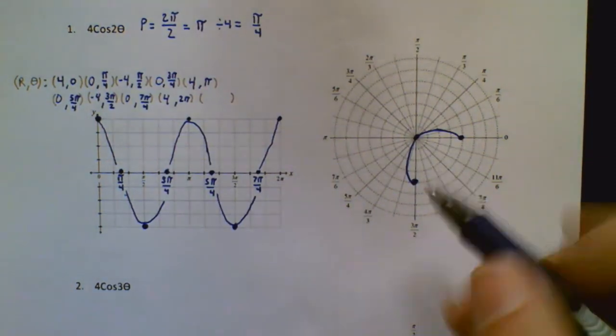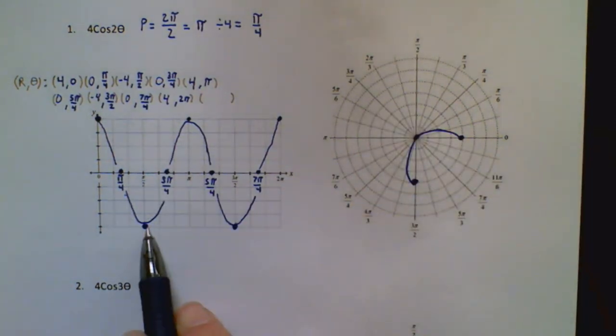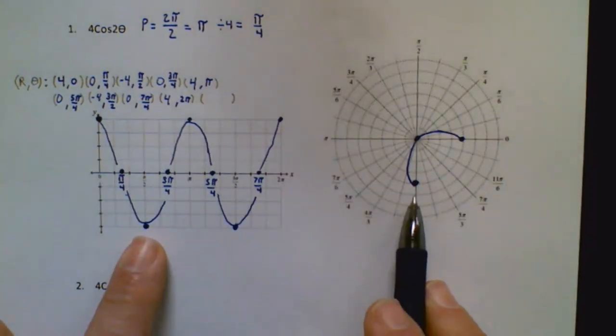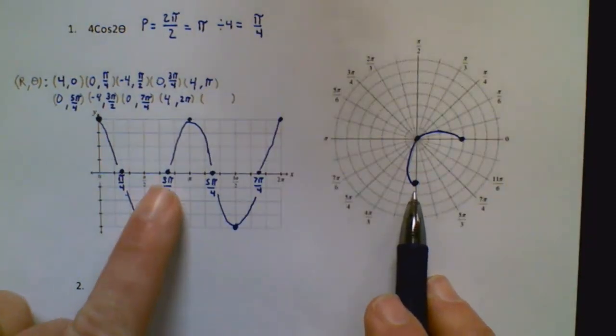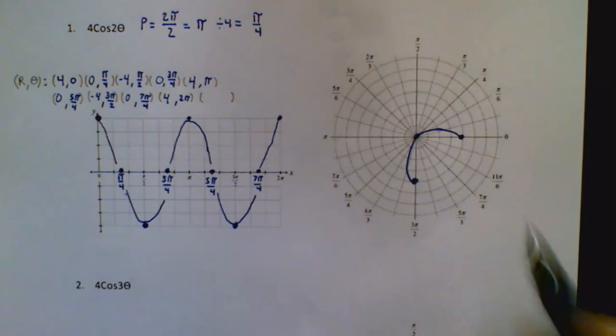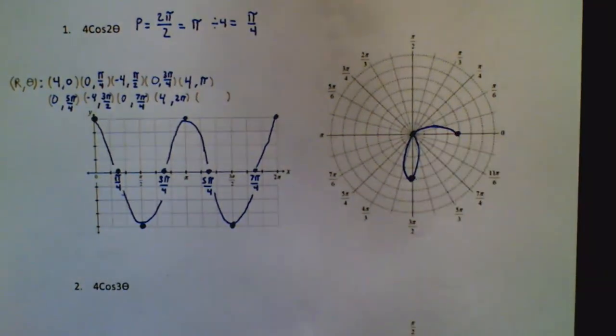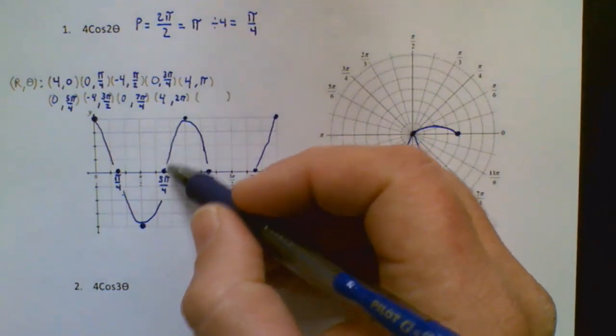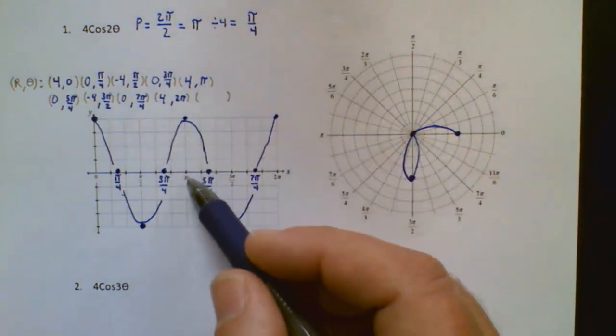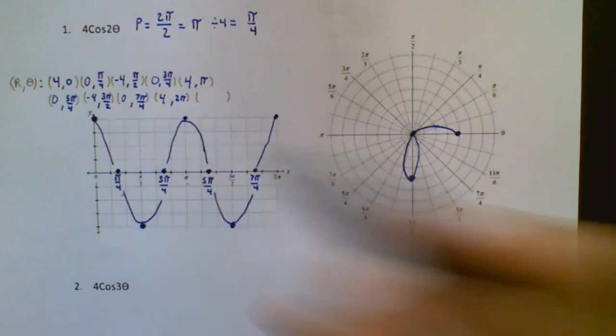So where does it go next? Well, after you hit the minimum, so I'm at a minimum right now, after you hit a minimum, where does it always go? Back to 0. So now I'm back to 0. So there's the next part of the graph. After you go to 0, you go to a max. So at pi, I'm at a maximum of 4.